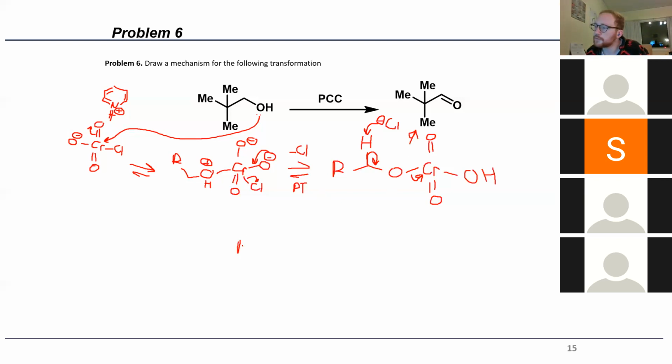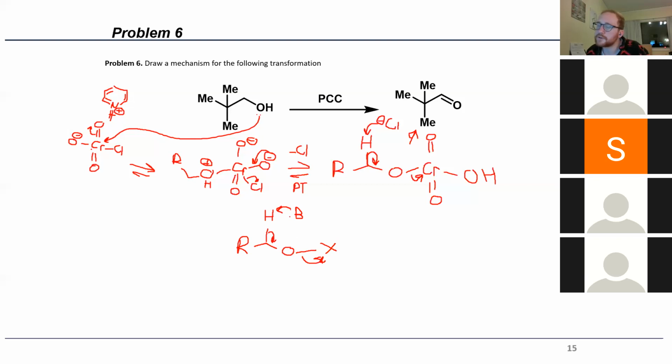In general, this follows a very common scheme for us when we think about oxidation chemistry, where most oxidation reactions occur as follows, right? We activate our alcohol toward oxidation through some activated complex.